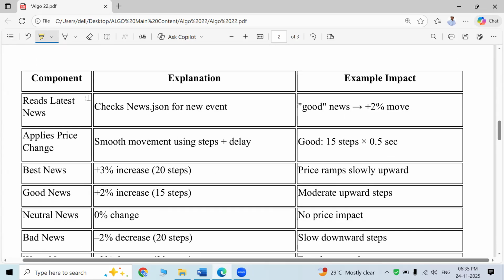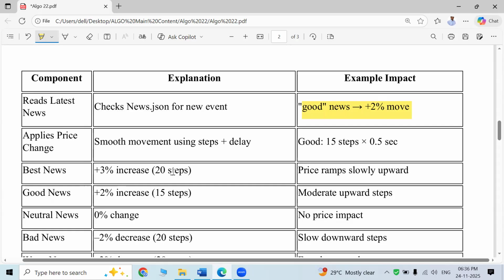First, if good news comes, then we think the price is going to go 2% up. This 2% up is going to happen in 15 steps with a delay of 0.5 seconds. Similarly, if the best news comes, then we have 20 steps of 3% market up.